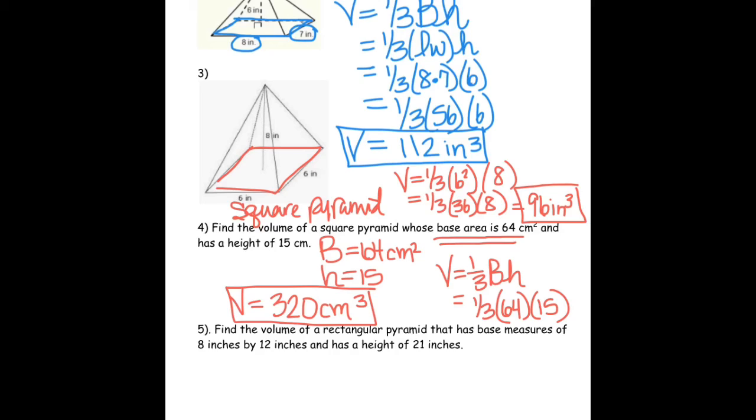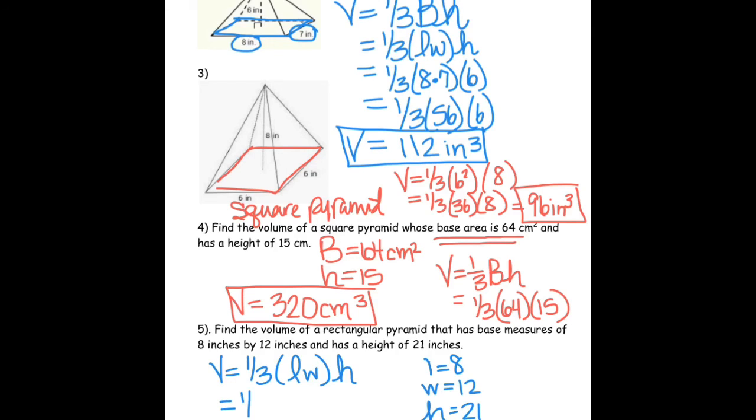The last example says find the volume of a rectangular pyramid. So let's see, that's 1/3 times the area of the base, which is the length times the width, times the height. And it just so happens that the base measurements are, the length is 8, the width is 12, and then the height of the pyramid is 21.